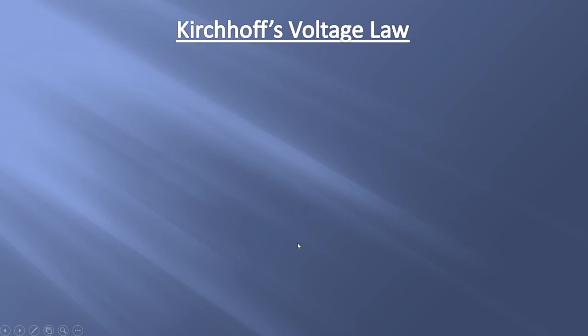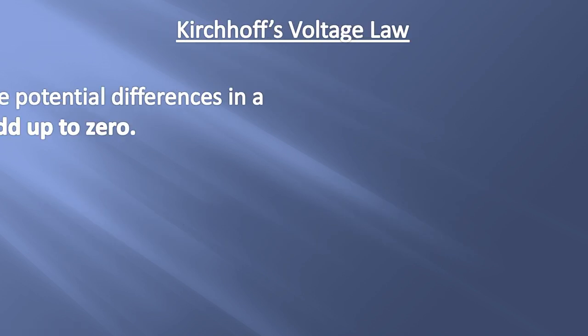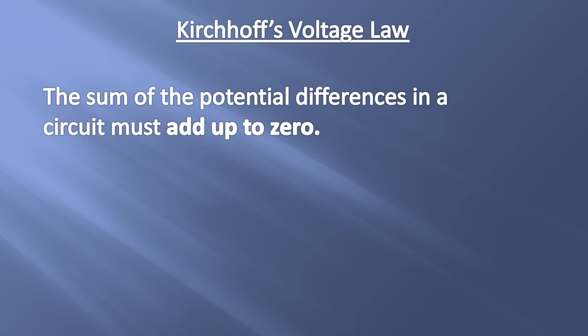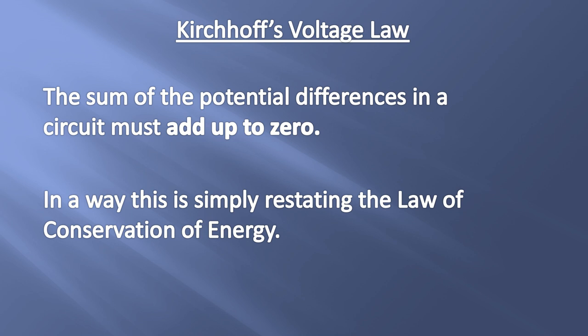Now, what about the voltage loss? So we mentioned current. So let's talk about voltage. So this is our potential difference. So for the voltage law, the sum of the potential differences in the circuit must add up to zero. In a way, this is simply restating the law of conservation of energy.